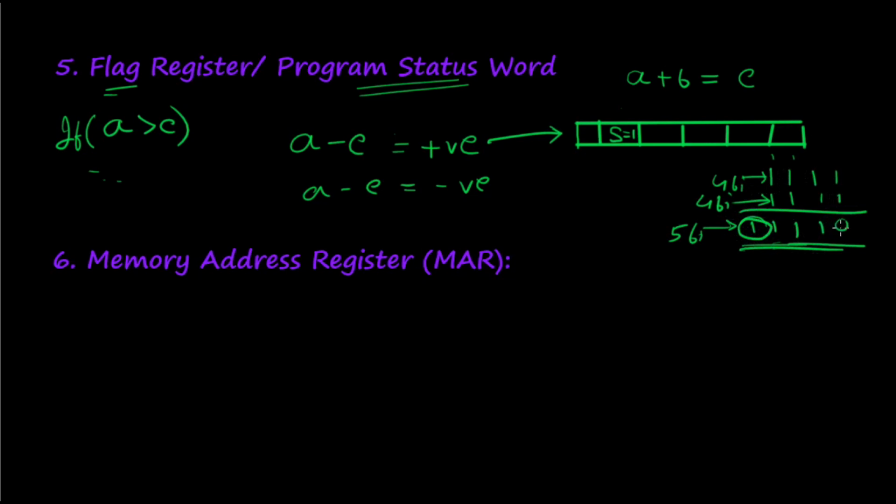If the register that you are using for storing the sum can contain a 5-bit number, then that is okay, no problem. But suppose it cannot contain a 5-bit number, then there will be an overflow condition, and that overflow condition will be maintained or checked by this flag register. That means inside the flag register we have an overflow bit that would be set to 1.